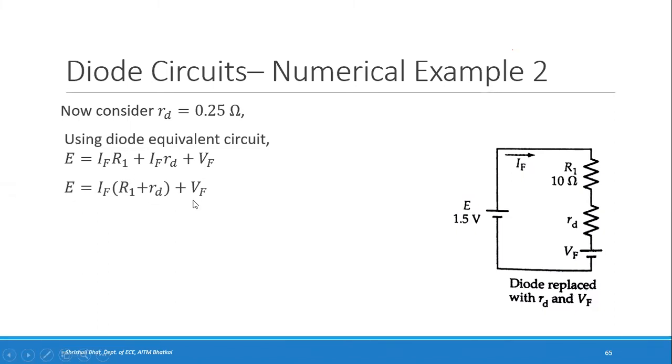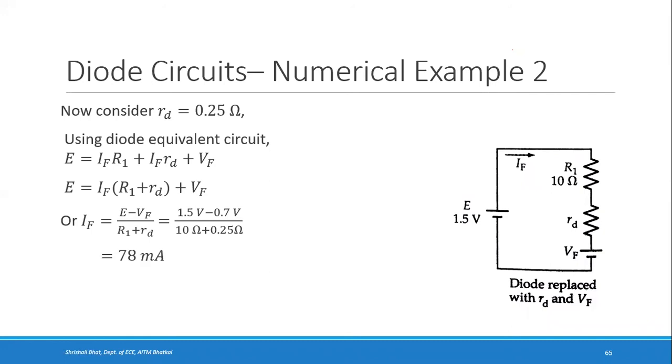I want the value of IF, so I can rearrange this as IF is equal to E minus VF divided by R1 plus RD. So what do I get then? 1.5 minus 0.7 divided by R1 which is 10 plus RD which is 0.25. So what happens then? 0.078, or 78 milliamps, right?